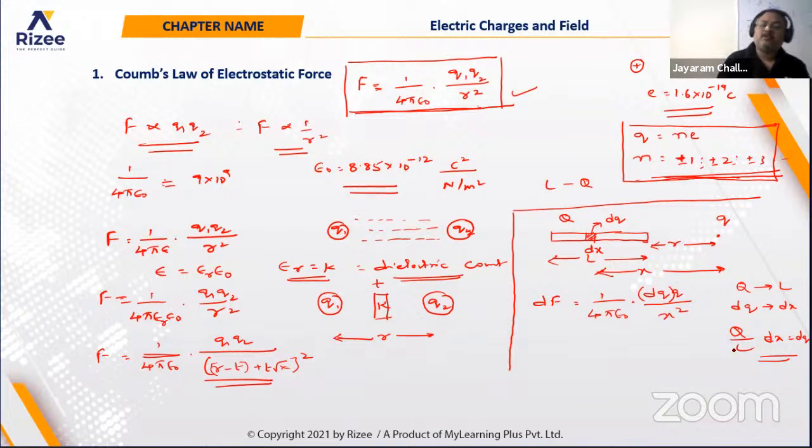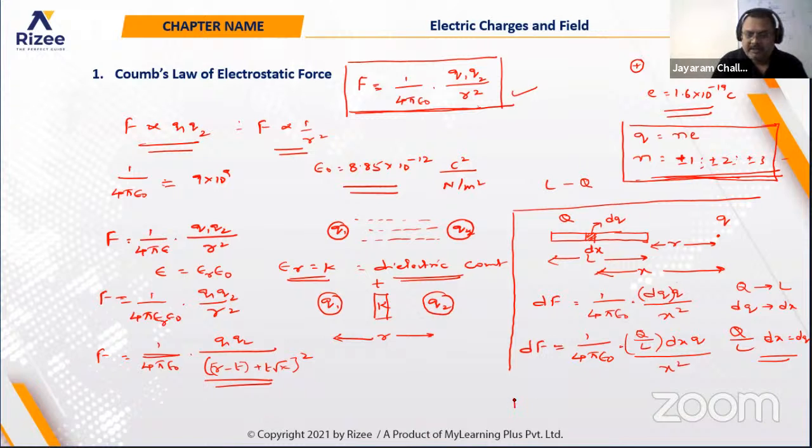We can also write Q by L as the linear charge density. If I replace this, dF is equal to 1 by 4 pi epsilon naught into dq replaced here, that is, total charge by total length. These two are constants, into dx into charge q by x square.